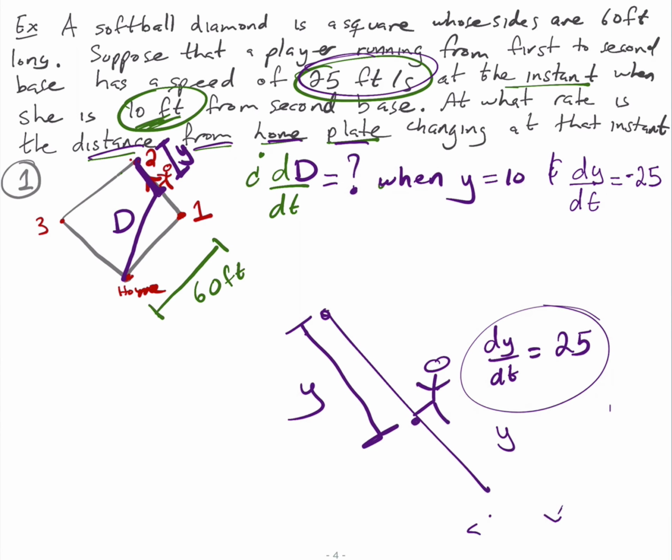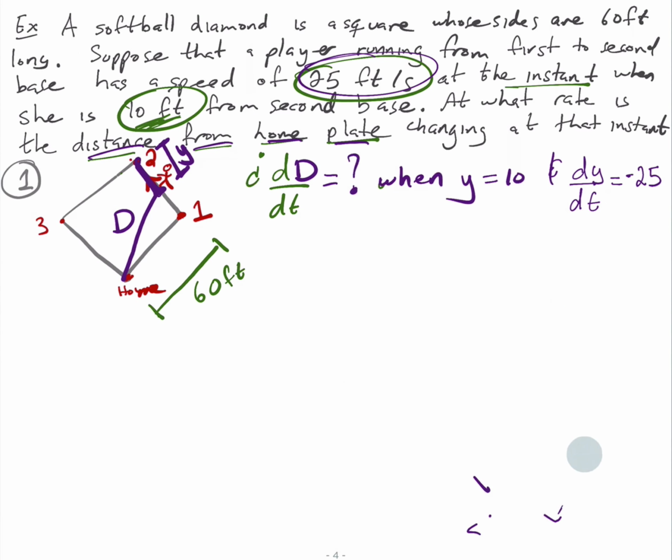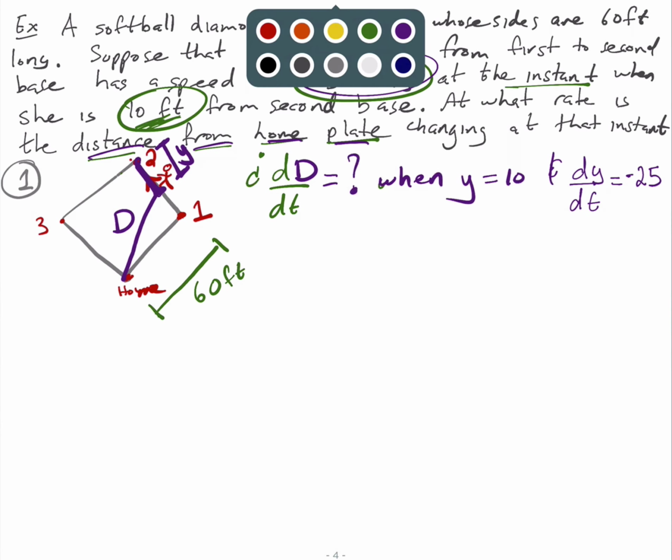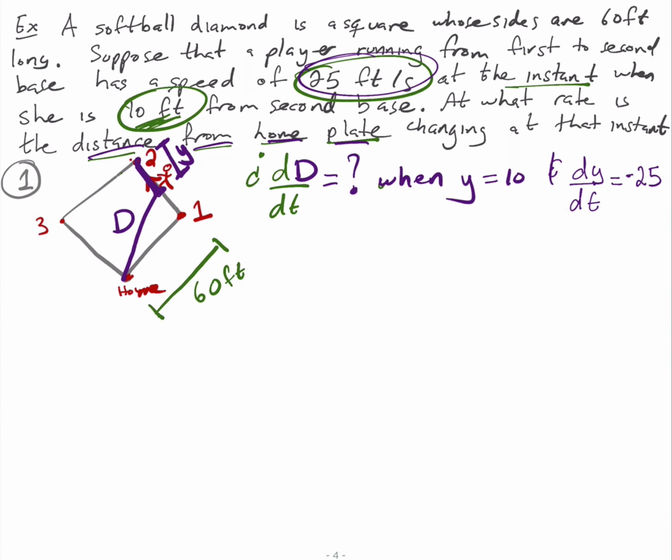This is telling me that y is increasing over time. Now, if the runner's going this way, is y increasing? No, y is decreasing, at that same rate, 25. It's getting smaller. So it's not increasing, it's decreasing. Now, you have actually another option here. Since you mention it, since you're uncomfortable with this negative business, which is okay, you can get used to it over time, let's say I draw a different picture.